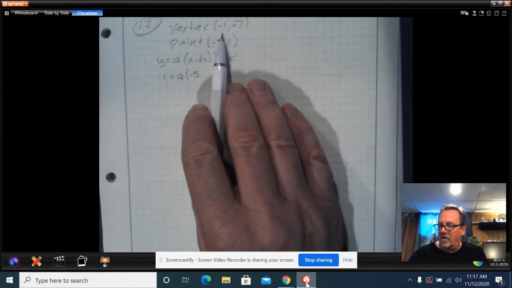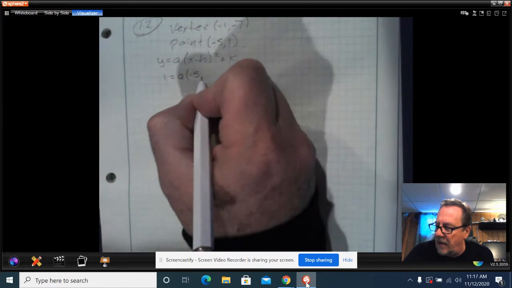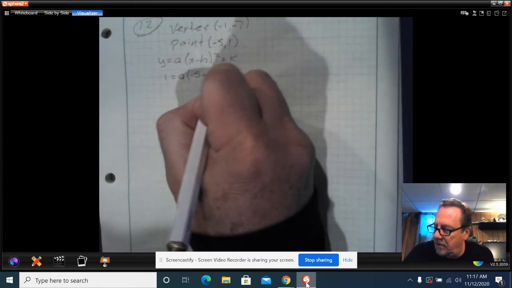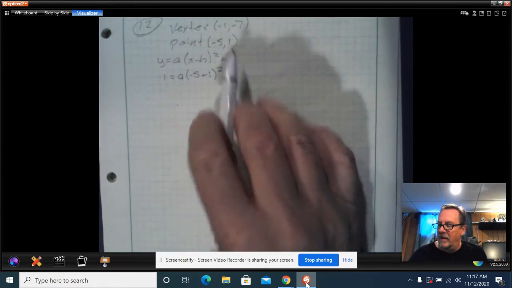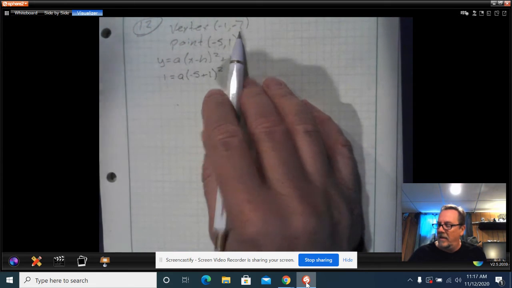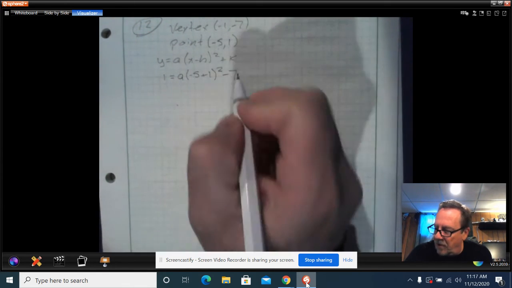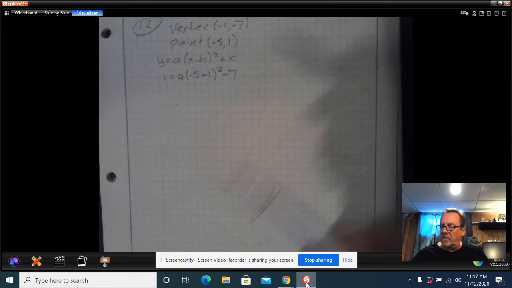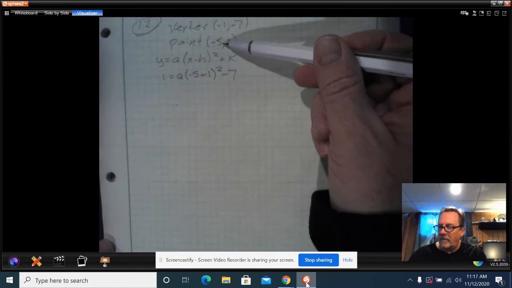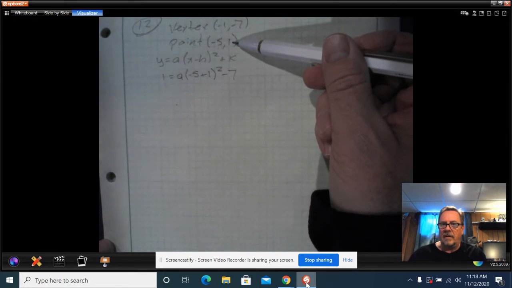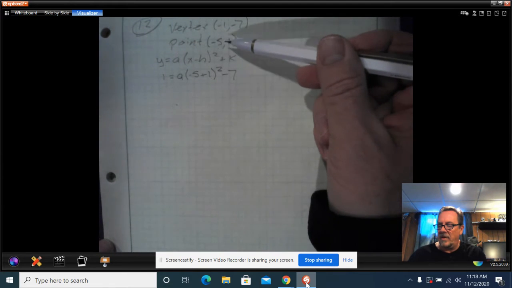My h is -1. So I need to subtract the -1 or add 1. Square that. And then here's my k. That's -7. So I replaced my y with 1. I replaced my x with -5.